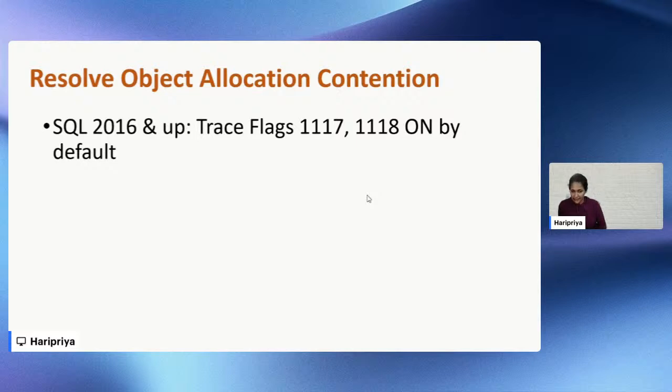But from the 2016 version onwards, you don't have to turn them on because they are turned on by default with the engine itself. I've seen that many servers, even nowadays, even on 2022, have these 2 trace flags turned on. Well, you don't have to do it. You can go ahead and remove them because it's already on with the install itself.